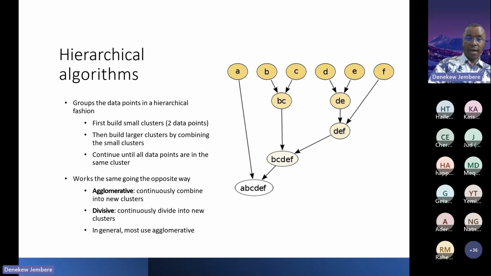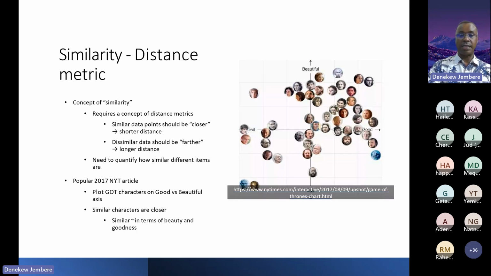And the other type of clustering is hierarchical clustering. Hierarchical clustering divides your data in a kind of hierarchy, so that you either start with a smaller number, or with the entire data as one cluster, and then you continuously divide.